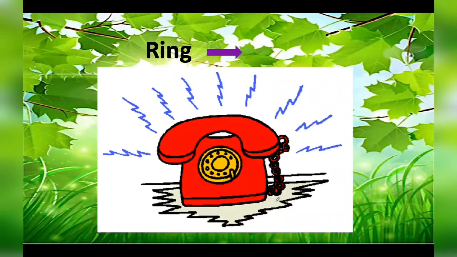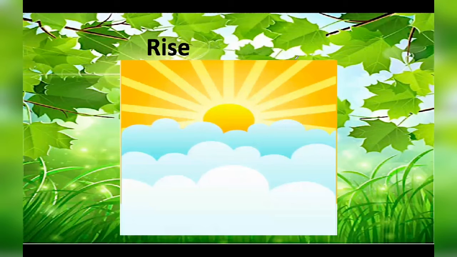Now here are the examples of irregular verbs. For example, here is the verb ring. The phone rings. So the verb ring will change into the second form, that is rang. Now the verb is rise here.